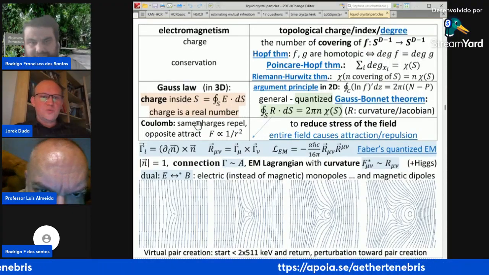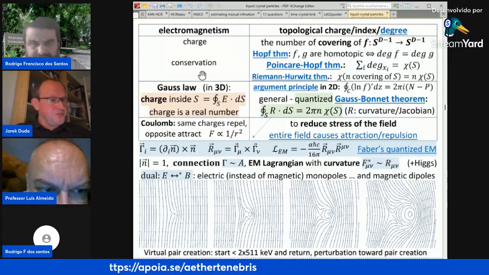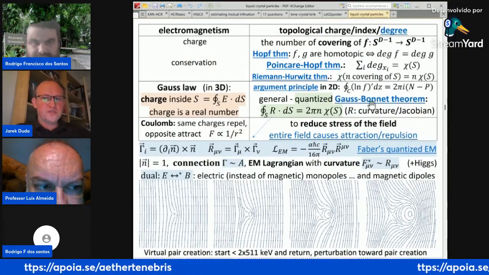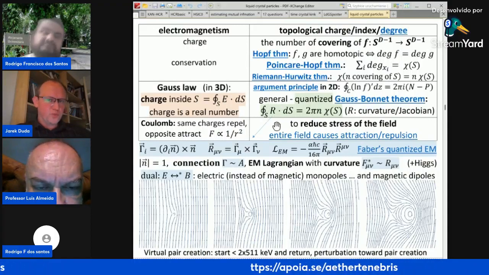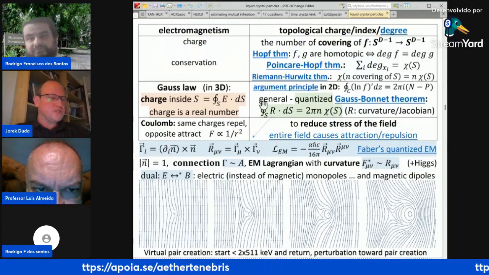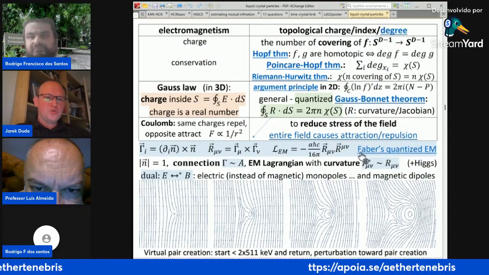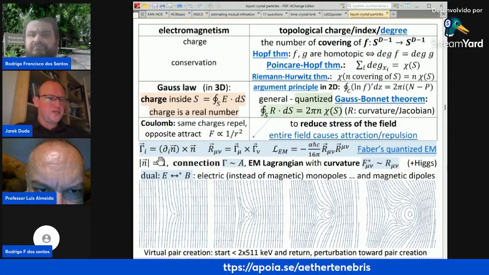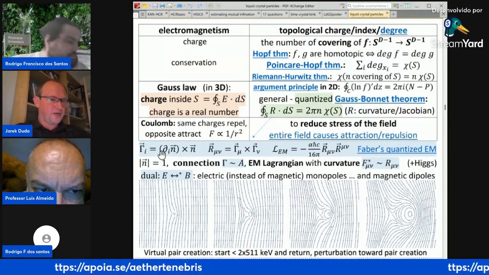So we need to replace this Gauss law with a Gauss law which has built-in charge quantization, and there is this topological version, the Gauss-Bonnet theorem, which is not the same, but uses curvature as electric field. This is Manfred Faber's approach, with whom I collaborate, that we have some deeper field, like this n field, like the second axis of your tetrad of the teleparallelism.